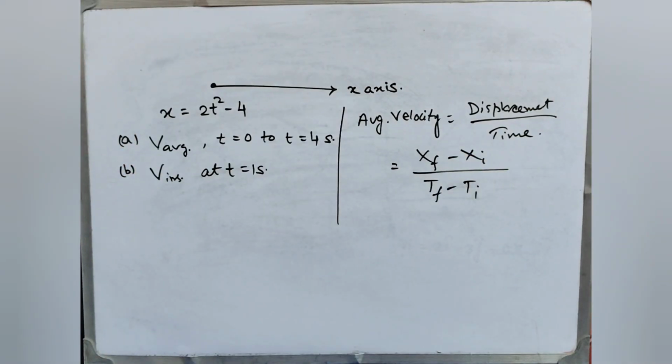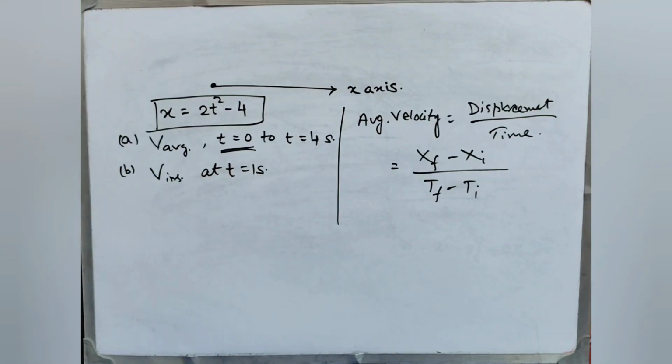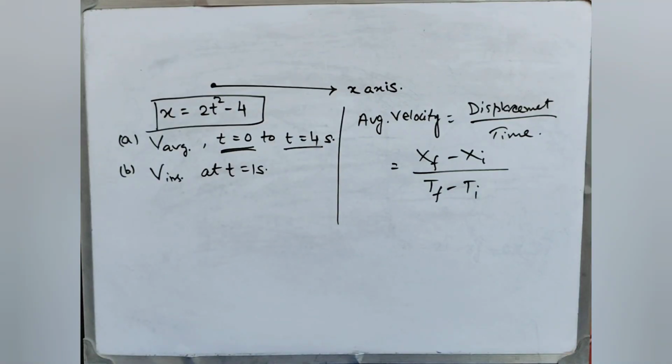In this equation, if we put t equal to 0, we will get the initial position of the particle, and if we put t equal to 4, we will get the final position of the particle.